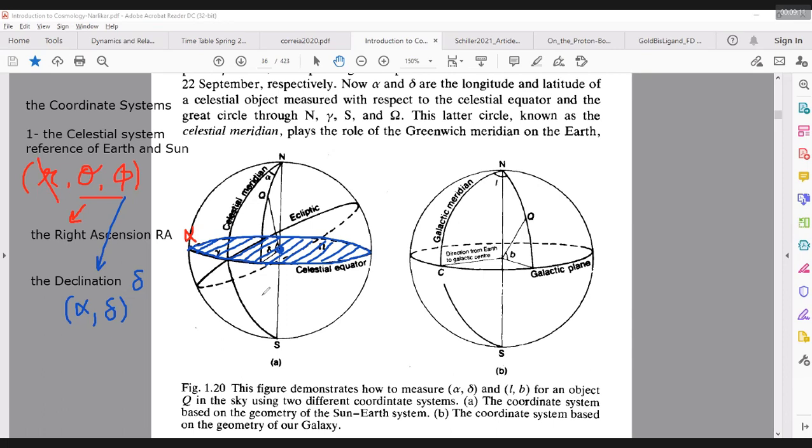When sun is in motion, in reference to Earth, it moves in a plane, the plane known as ecliptic. The plane of the motion of the sun in reference to Earth.